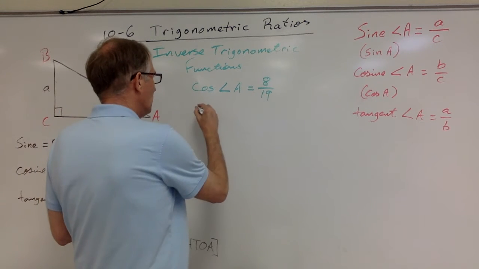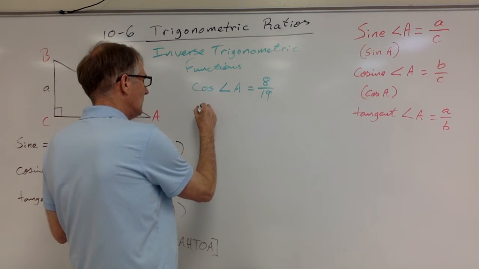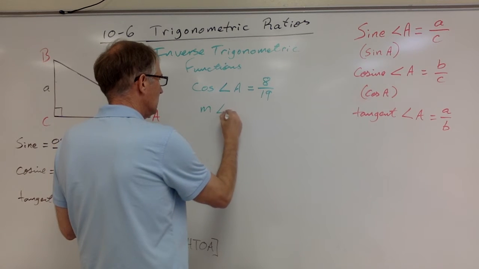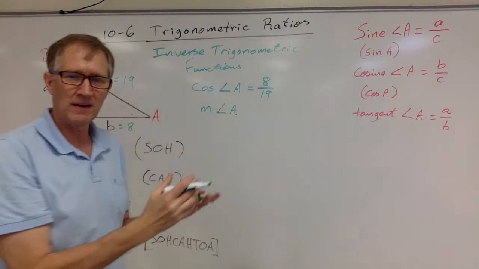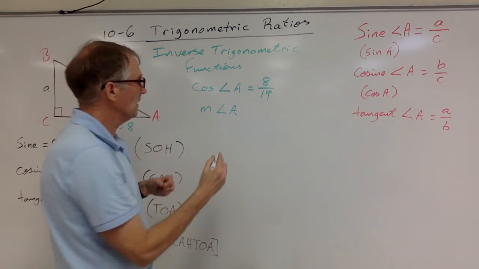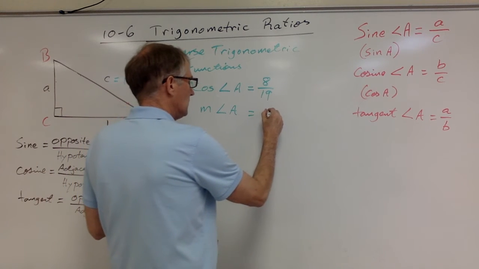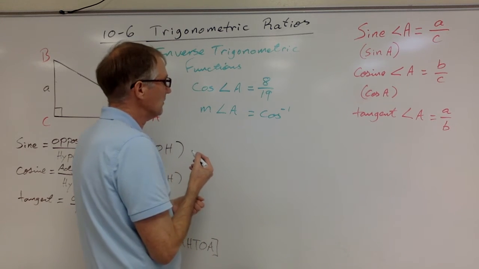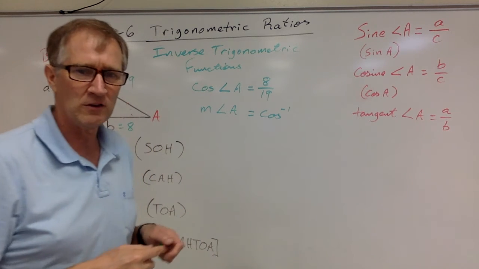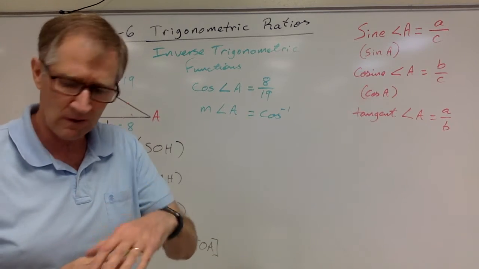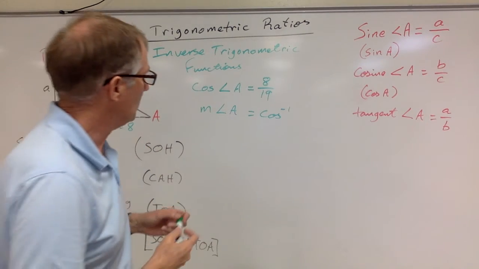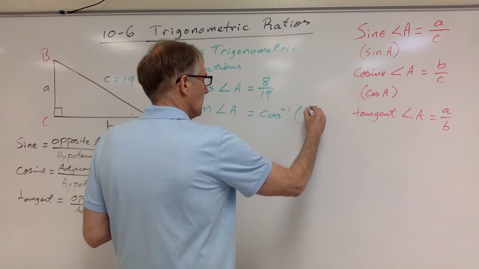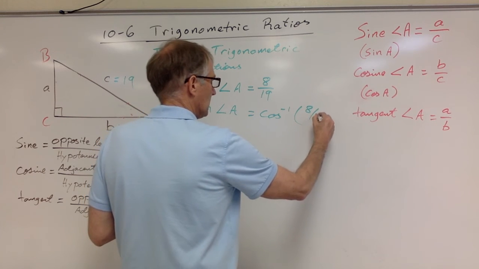And so to find angle A, the measure of angle A, in other words, the value of angle A, I know that looks weird, is equal to the inverse cosine, sometimes referred to as the arc cosine. They don't talk about that in your textbook, but that is one of the names they give it. The inverse cosine of 8 all over 19.